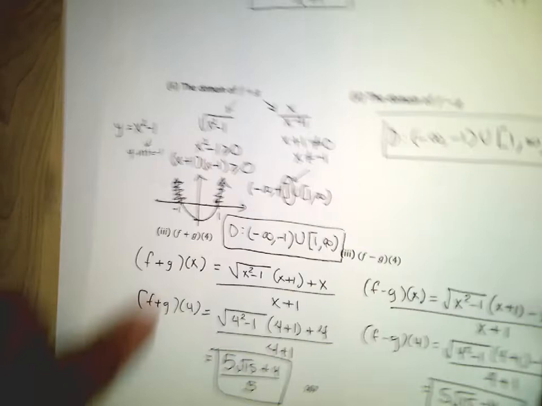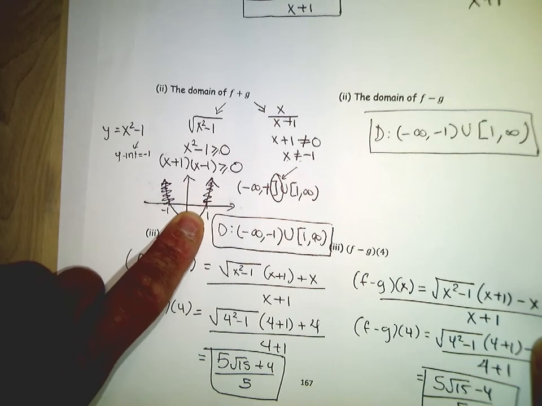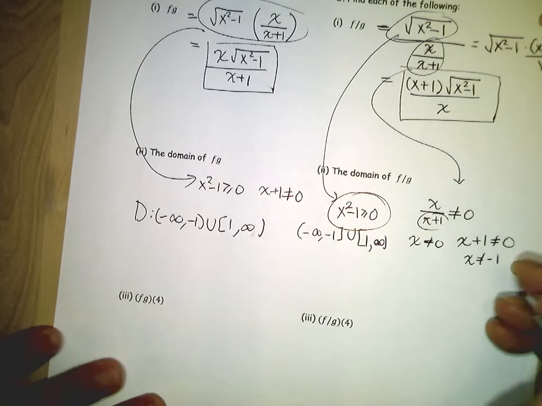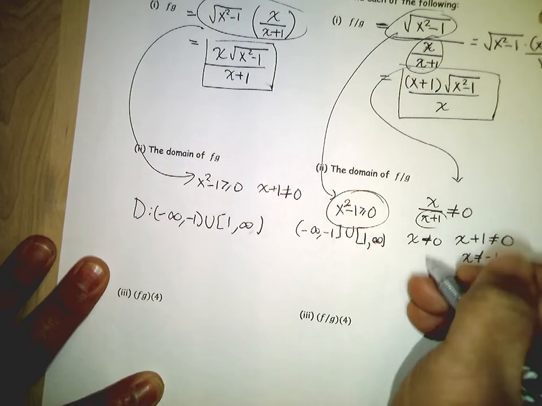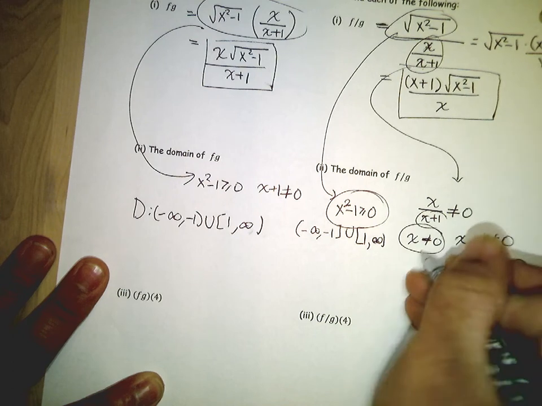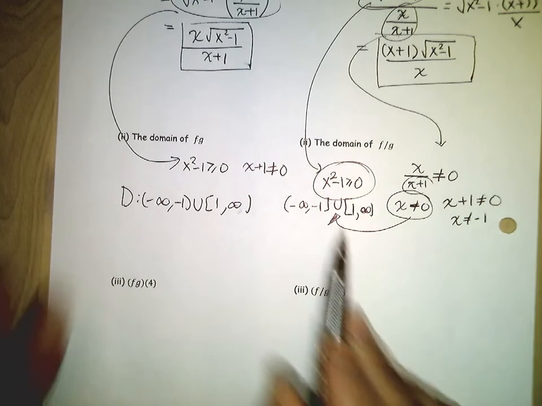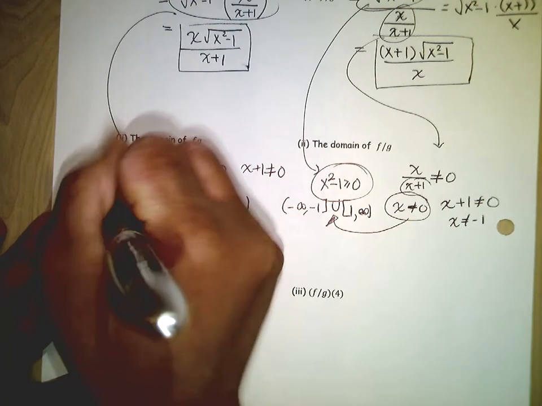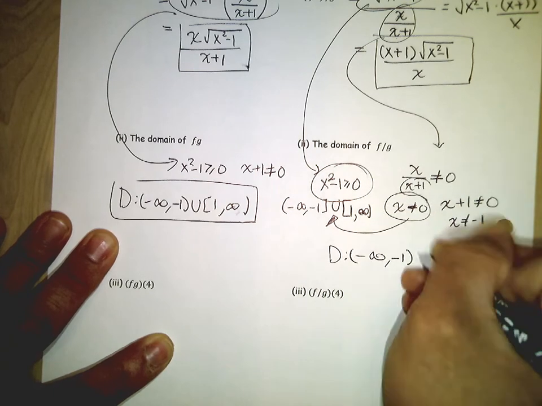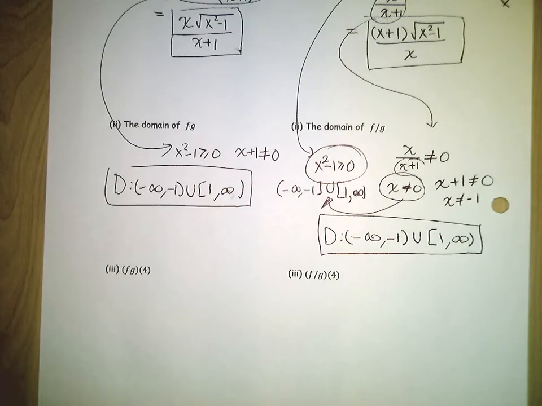And again, you can always rewind or whatever you need to do to remember how I got that to be the domain of just the part that was under the square root here. So I know that x equals 0 was actually not even in this interval over here to begin with. So I actually know that the domain then is exactly the same as the other parts of the problem that we've done so far.